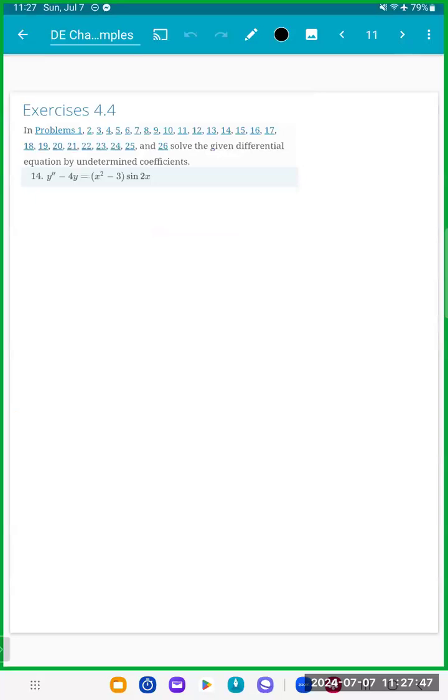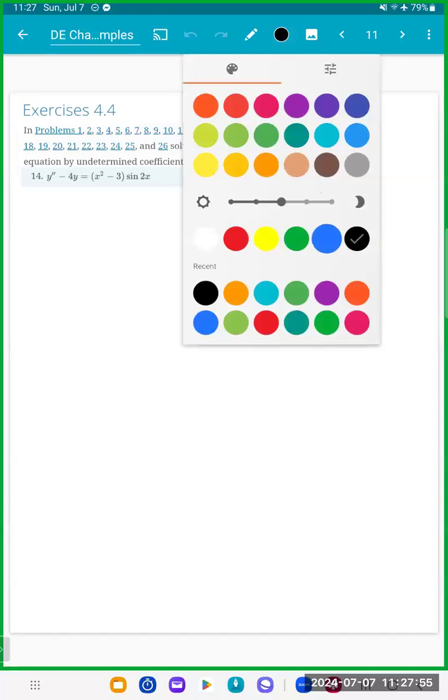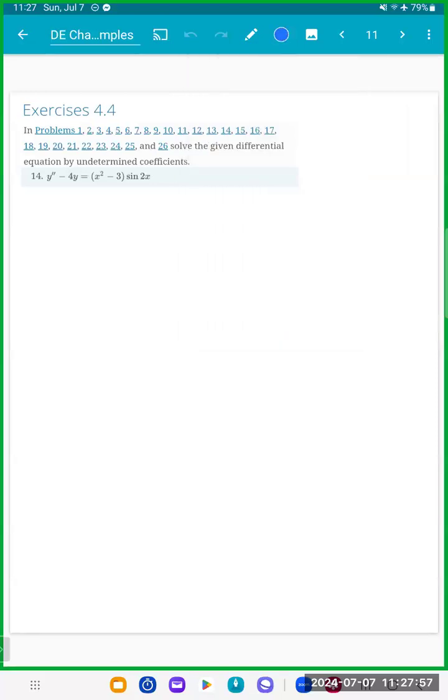Okay, another example similar to this where we're using our undetermined coefficients. For this one, we end up with m squared minus 4 equals 0. Therefore, m is equal to plus or minus 2.